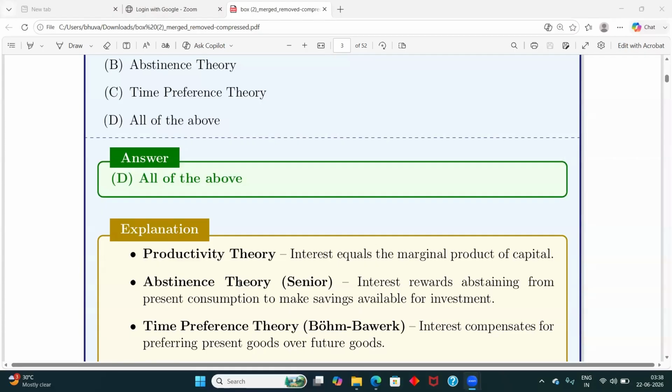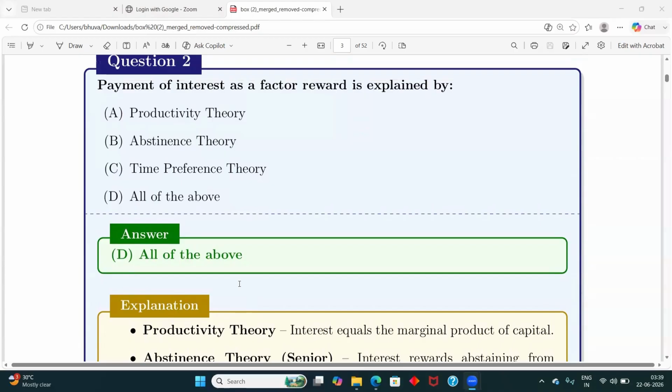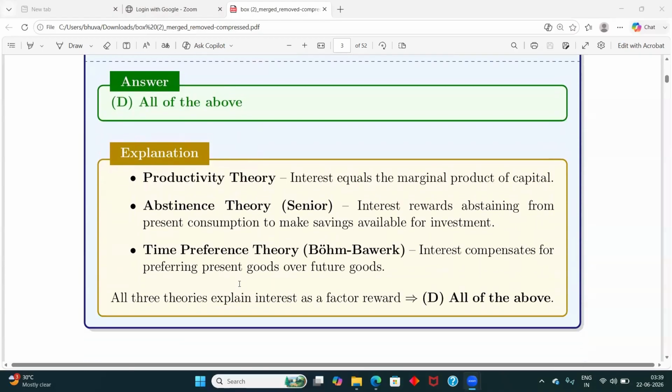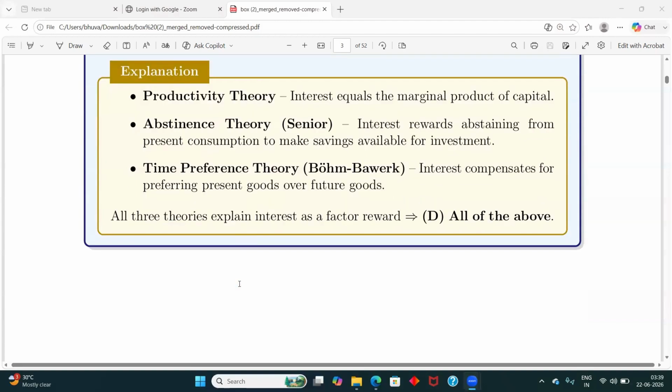Next we have the time preference theory, given by von Weber. Interest compensates for preferring present goods over future goods. So all these three theories explain interest as a factor reward. So the correct option is option D, all of the above.